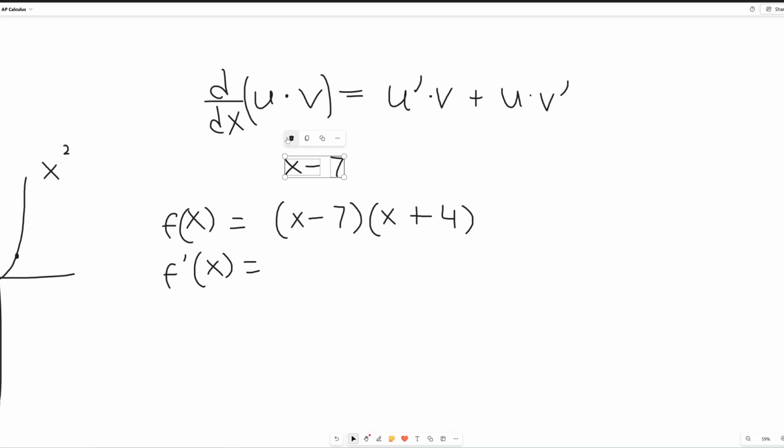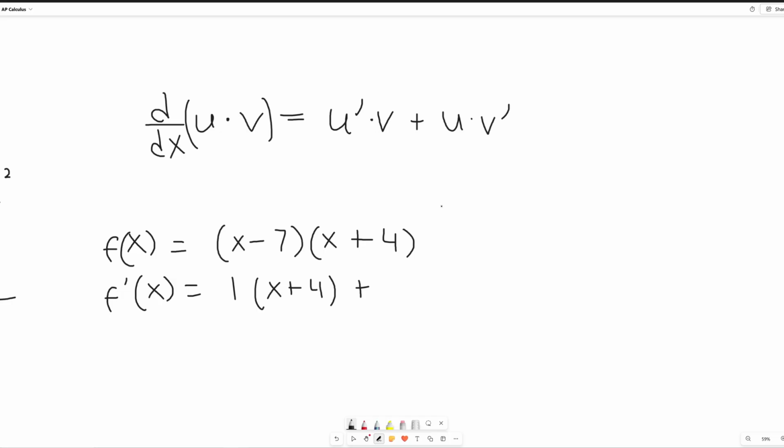So we can say the derivative of x minus 7 is just 1. And then we times it by our other function. So 1 times x plus 4, plus the derivative of this function, which again, the plus 4 is nothing. And then the x just becomes 1. So we have 1 and then x minus 7.